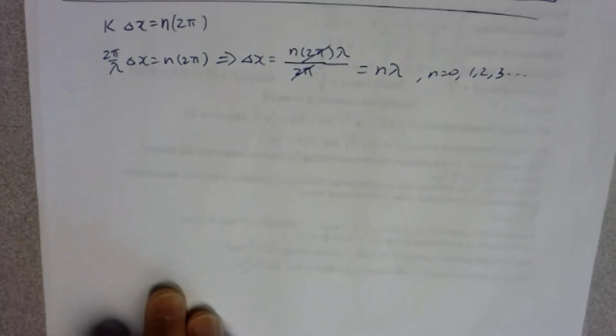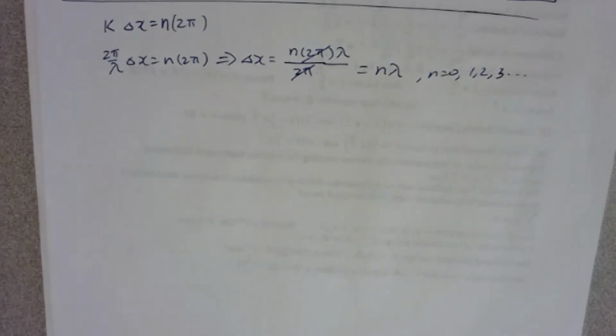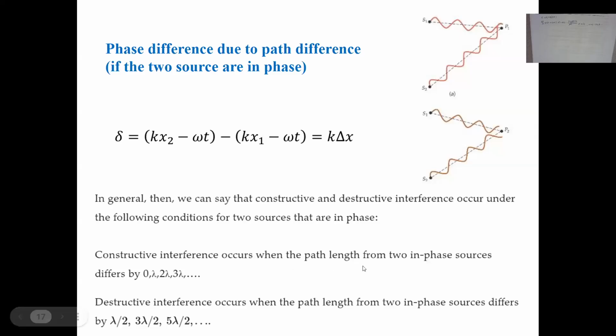So that gives you the condition in the PowerPoint slide. If you are expecting constructive interference, the path difference delta x should be integer multiples of lambda.